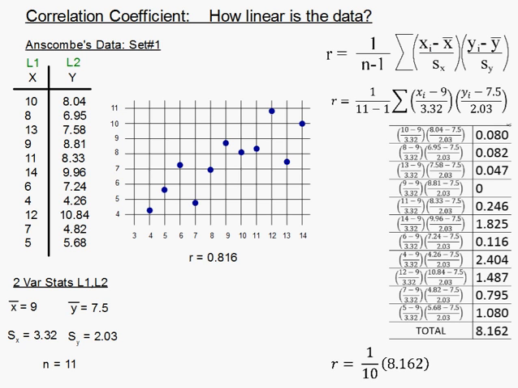Now, what's this big nasty equation really doing? Well, we have to look at this piece by piece. First of all, x bar. We're going to look at this particular point as an example. We're going to graph x bar, which is 9. And so here's 9. So if we talk about x i minus x bar, well, that's just a difference.